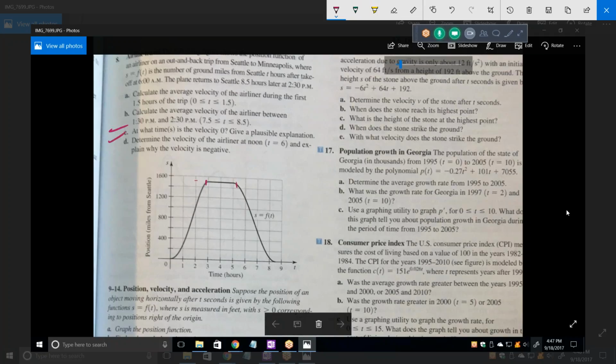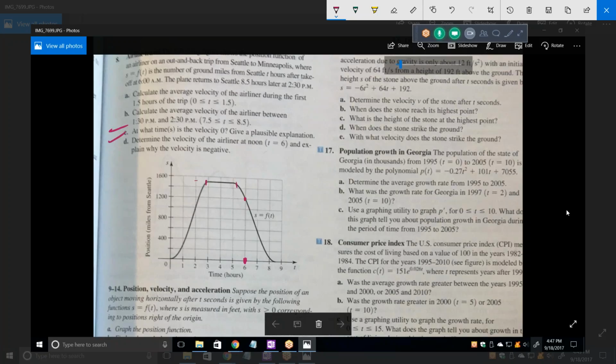Okay. Determine the velocity of the airliner at noon, which is t equals 6. What's that velocity? Negative, because that's a decreasing function. So yeah, the first derivative is going to be negative.